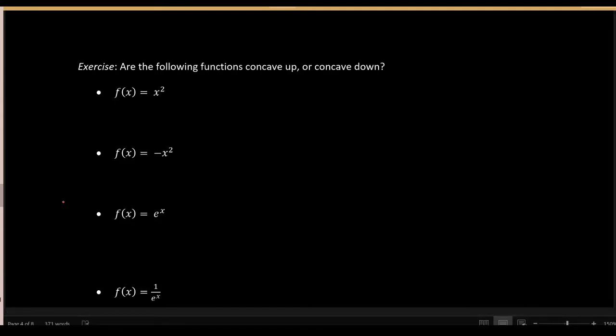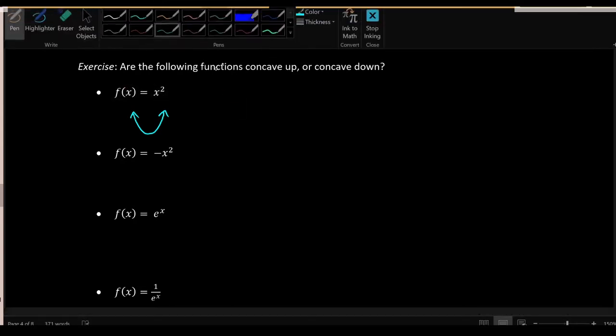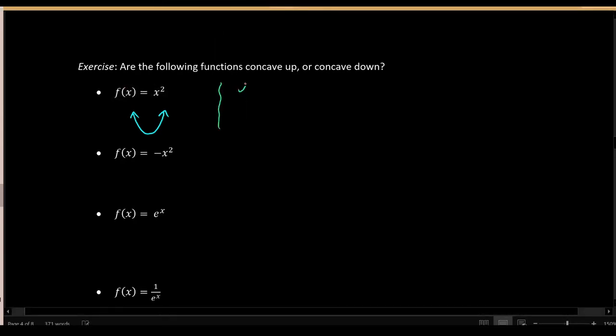down. And in the first example, we have x squared, the quintessential quadratic function, a parabola that opens up. For x squared, if I calculate the first derivative, f prime, then by power rule, I get 2 times x.